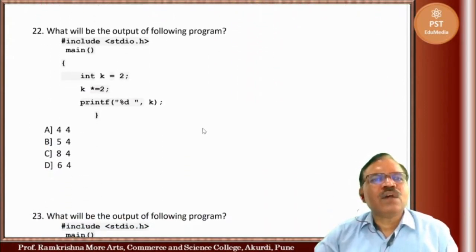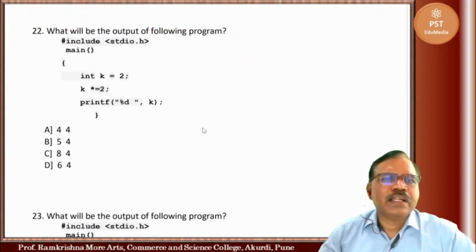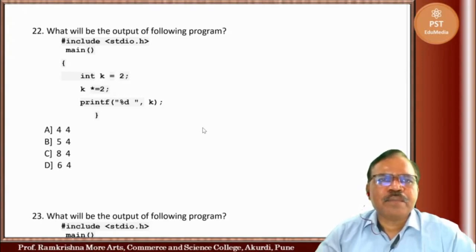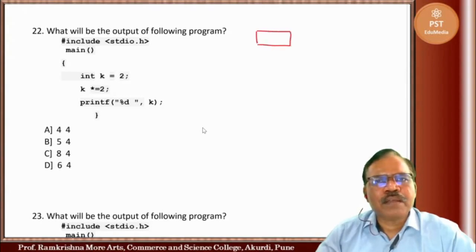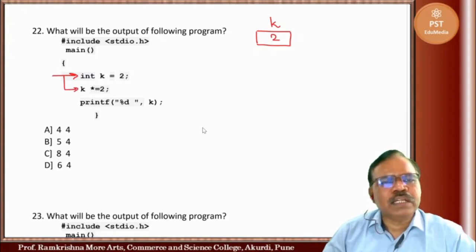Now next one, what will be the output of the program? Here main, int k = 2; k *= 2; printf("%d", k). When we run this program, a memory location is reserved for k and then 2 is stored. Then control comes here.